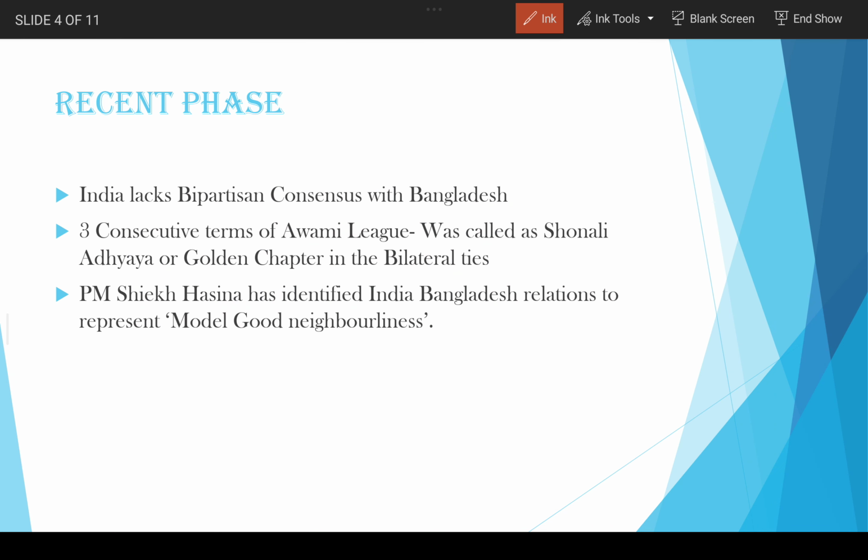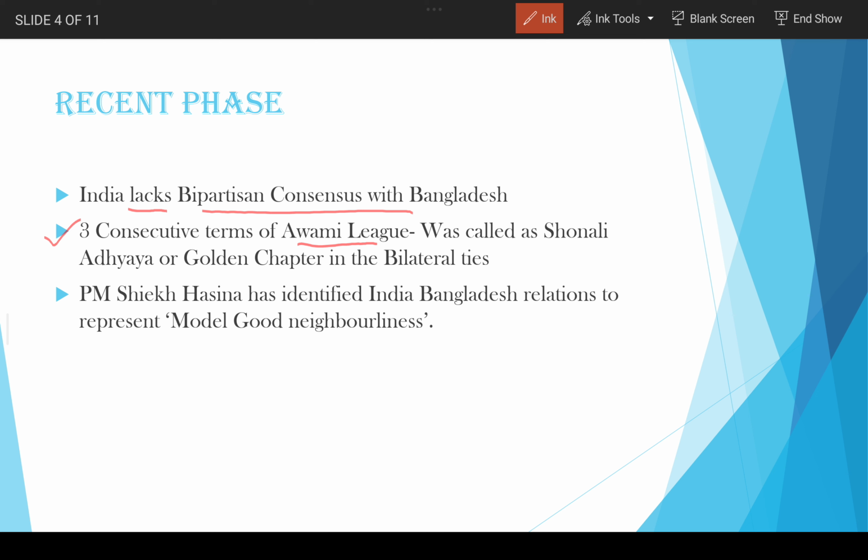So, recent phase. The first thing we can talk about is that India lacks bipartisan consensus with Bangladesh. I have already talked about it. But at present the Awami League, which is a pro-India party, has been in power for 3 consecutive terms and has also won the 4th consecutive term now.